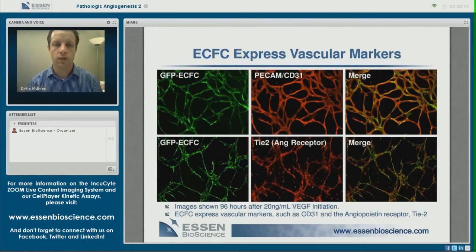First, you see the GFP expression on the left and the network that's formed, and it nicely overlays in the top right with the PECAM CD31 expression, indicating that our ECFCs express vascular markers, and that using our GFP approach, we are measuring 95 to 100% of the tubes that form in a single well. In the lower panel, we're looking at another vascular marker, the angiopoietin receptor, TIE2, and you see, again, nice co-localization of the TIE2 receptor with the developing tubes.